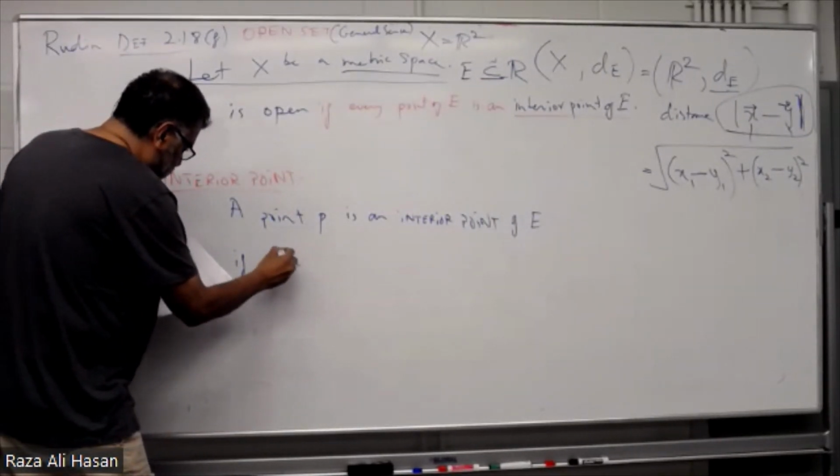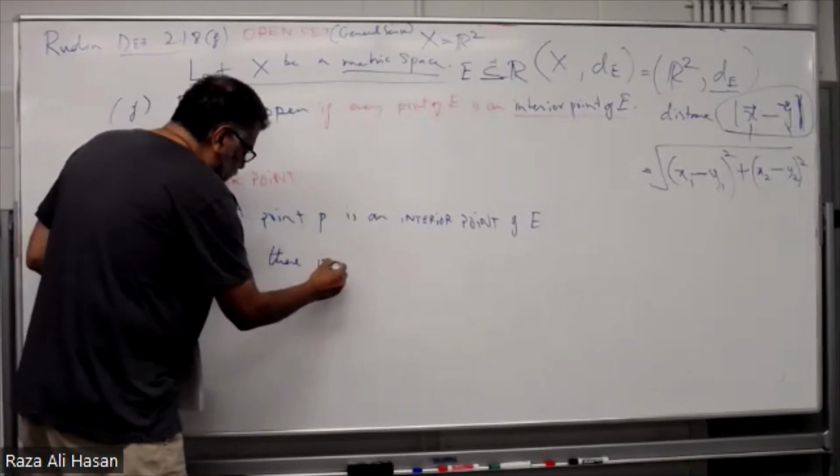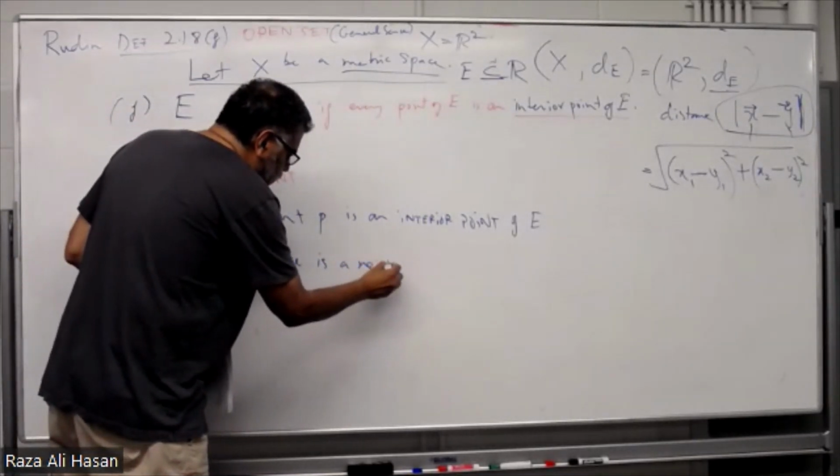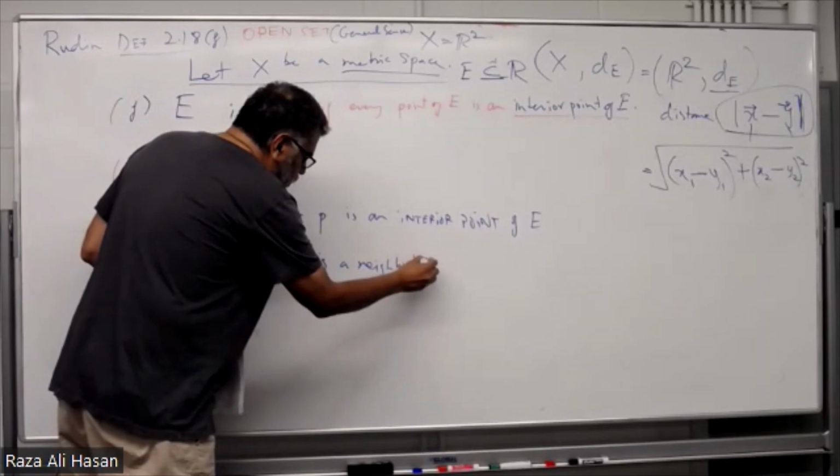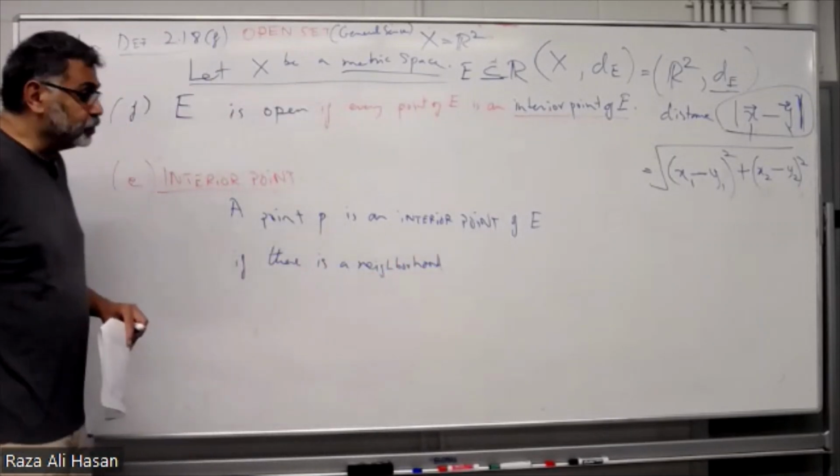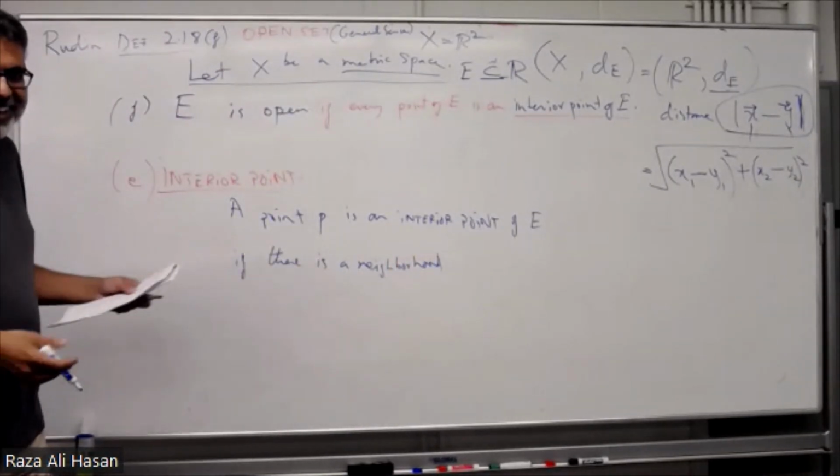there is a neighborhood. Yes, an epsilon neighborhood; neighborhood is an actual term.